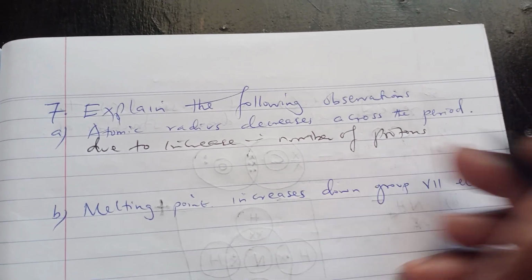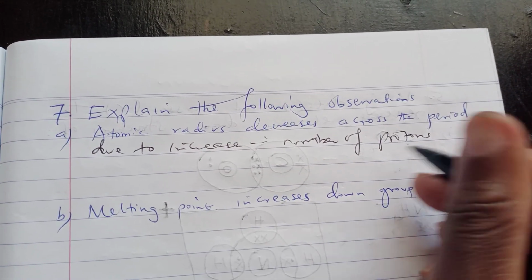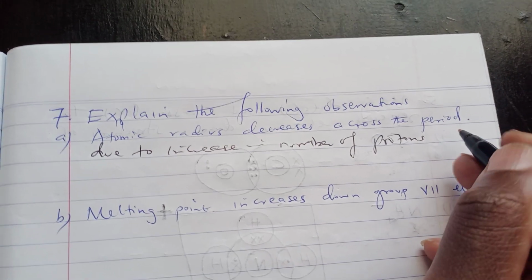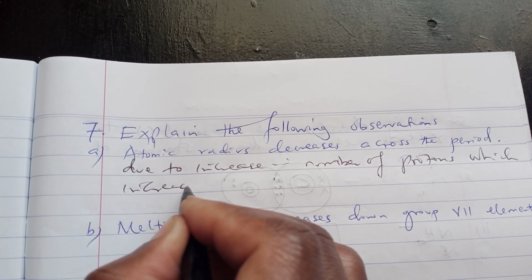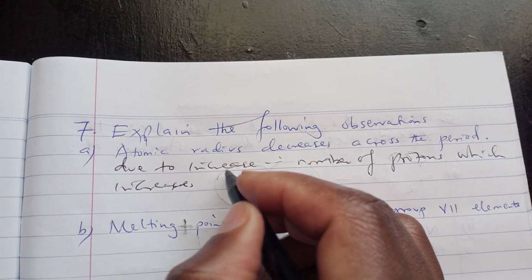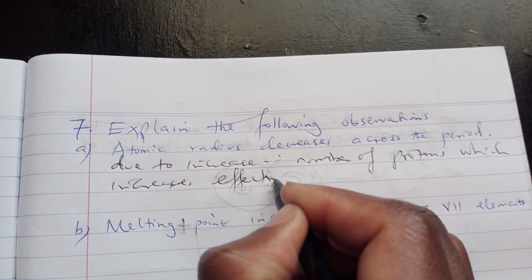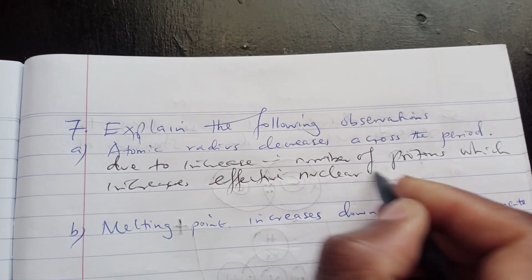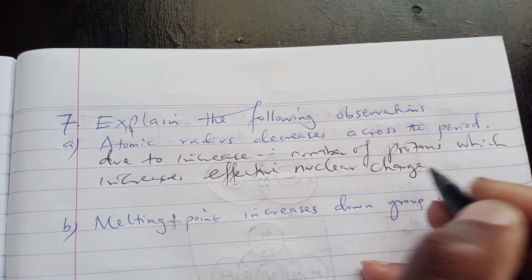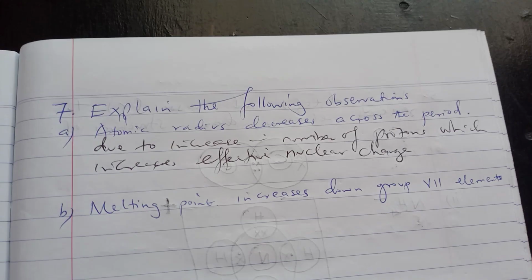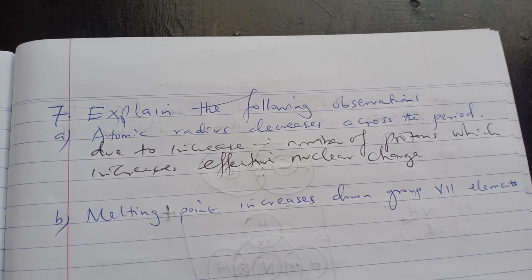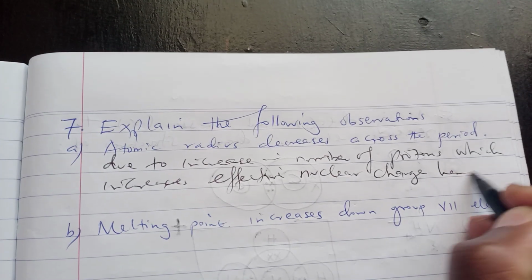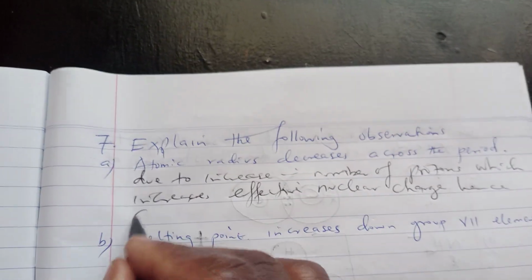So when you move from left to right or across a period, number of protons are increased. When you increase number of protons, you increase what? Which increases effective nuclear charge. So the charge of the nucleus increases because protons are positively charged. So nuclear charge is increased. When you increase nuclear charge, it means then hence what?